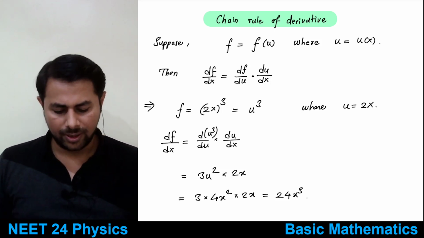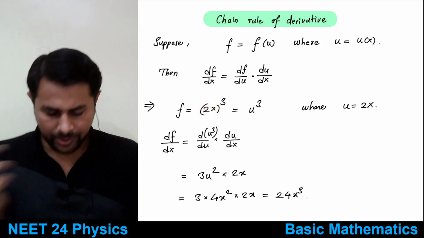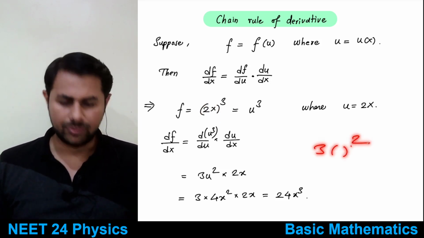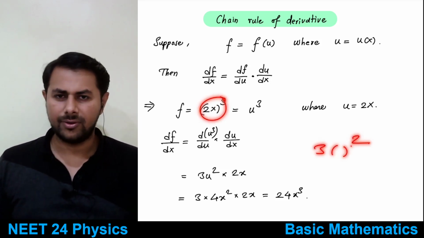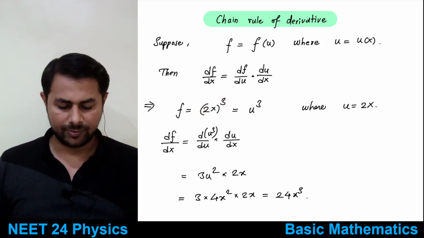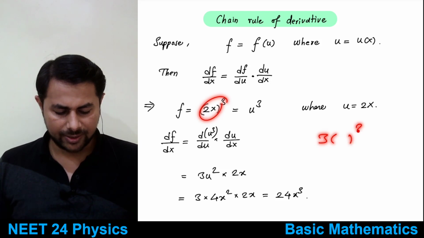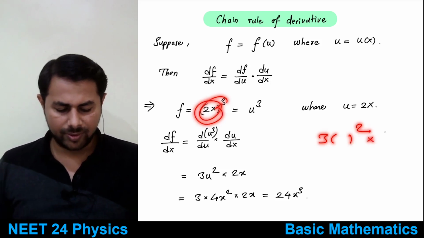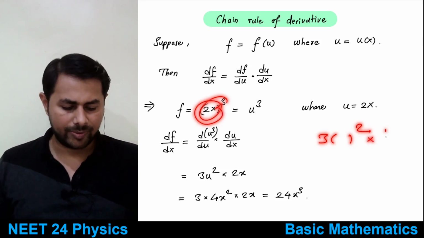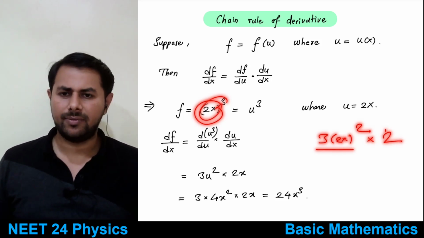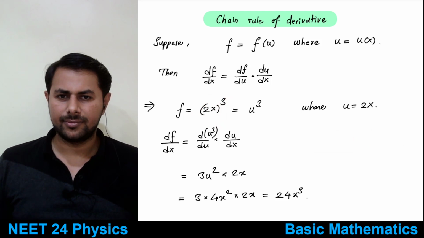So you will say 3 times this bracket raised to 2. That's dA by du. So 3 times this bracket square multiplied by the derivative of the bracket. The derivative of the bracket is 2, right? And then you can write what's there in the bracket. Got it? Yes, no?